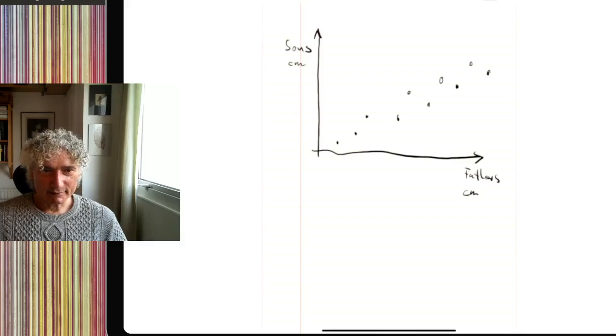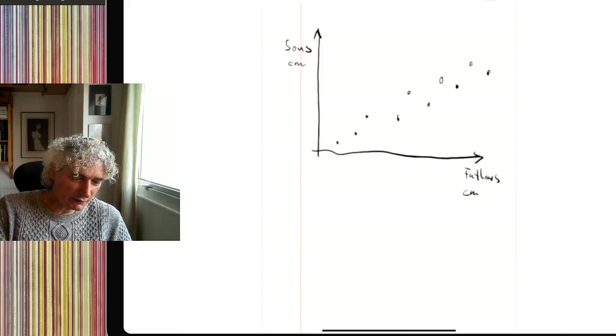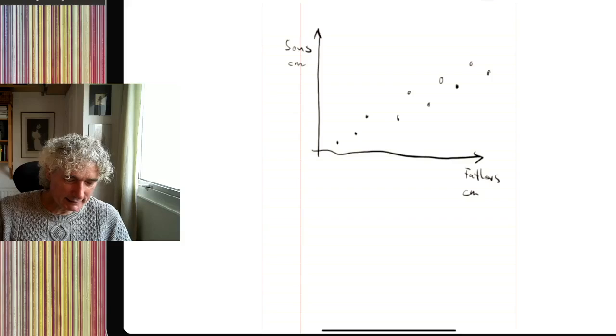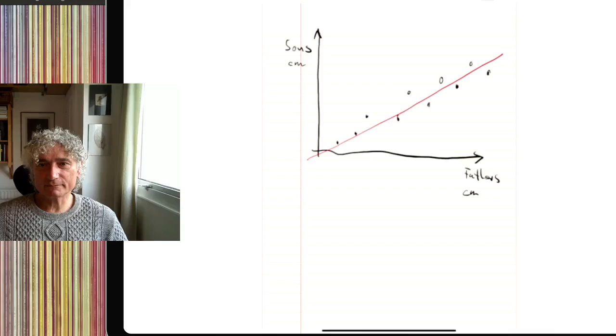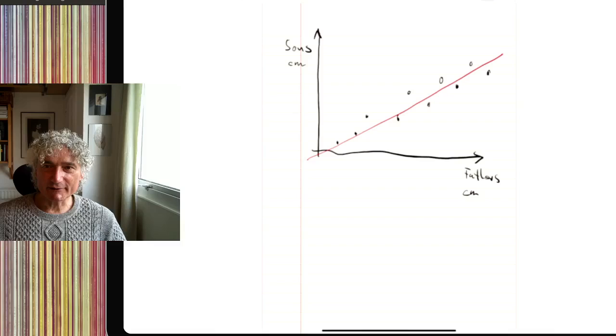So you think the more the father is taller, the more the son is taller, given a certain length of the two. So we can now try to draw a line which is a least squares line, so it minimizes the distance of these measurement points from the line.